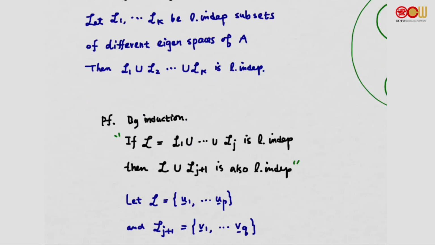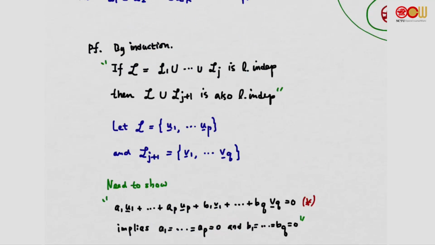Suppose the set L, that's the union of the first j sets, has vectors u1 to up, and Lj plus 1 has vectors v1 to vq. And what we want to show is that suppose this L is linearly independent, then these u vectors and v vectors together are linearly independent.